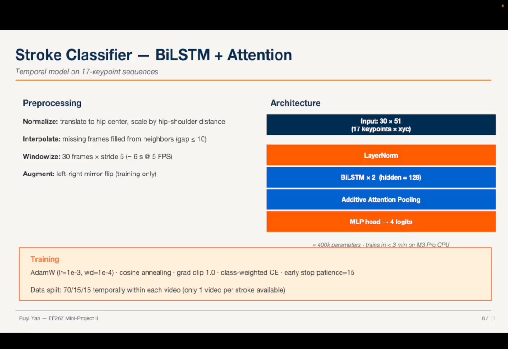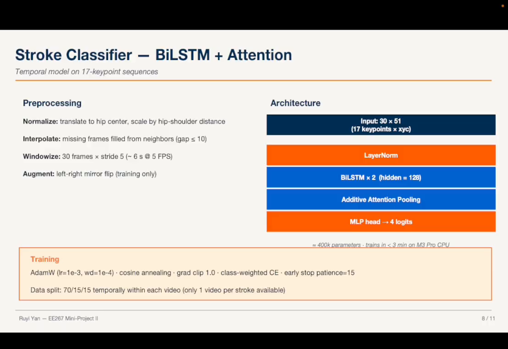The architecture: a 2-layer bidirectional LSTM with hidden size 128, then attention pooling over time. Then a 2-layer MLP producing 4 logits, about 400,000 parameters total.